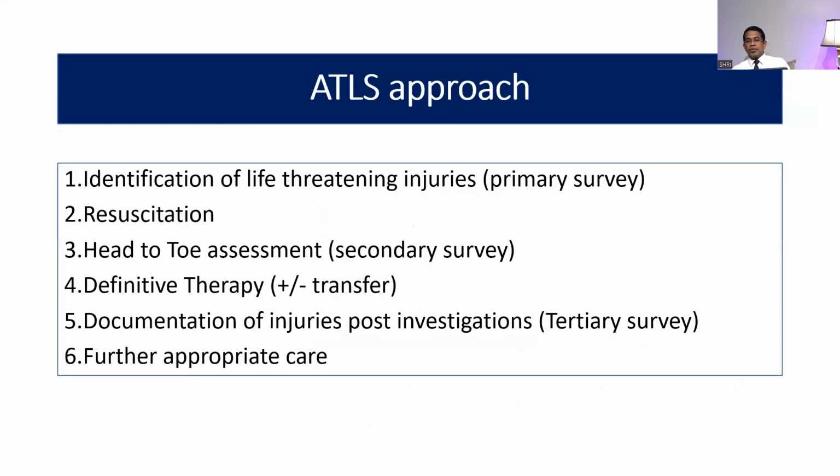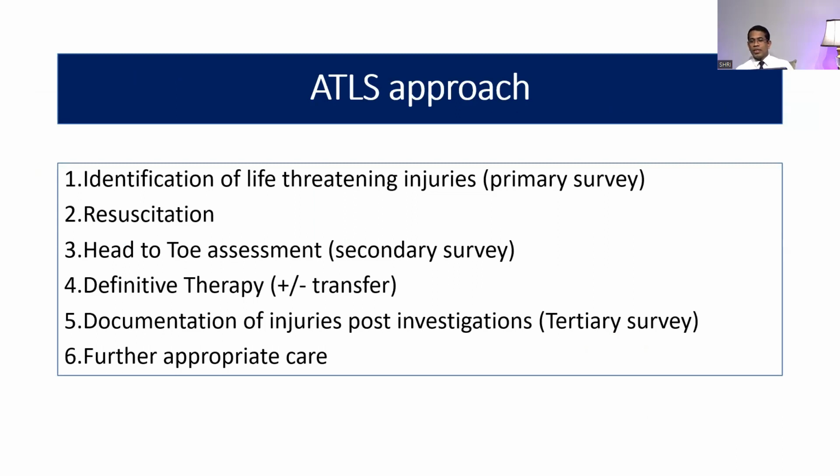When you consider trauma, we are going to follow a certain protocol. Usually, we follow the Advanced Trauma Life Support protocol or approach. In there, the primary survey is what we do first. In the primary survey, we are going to assess several components. And once you identify these components or life-threatening injuries, you need to do resuscitation immediately.